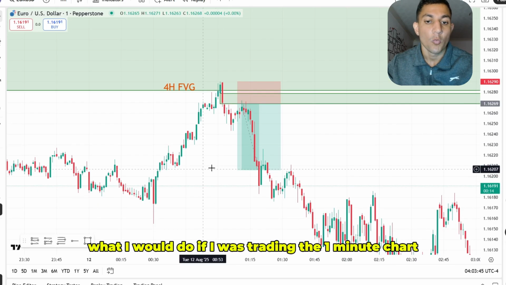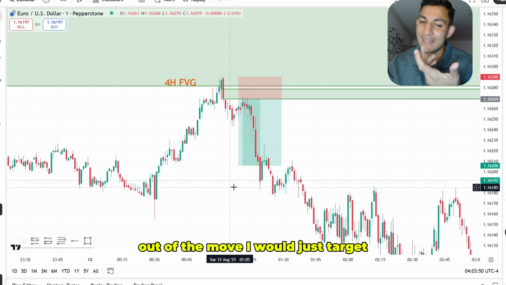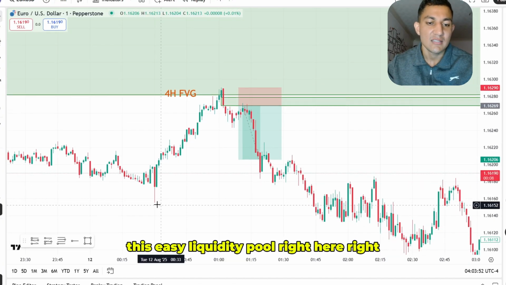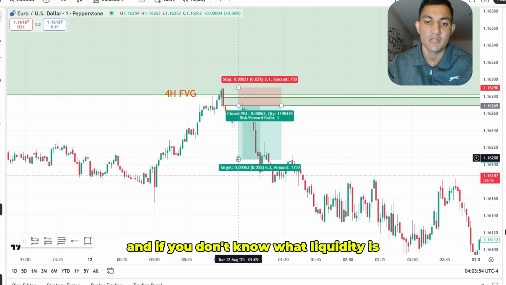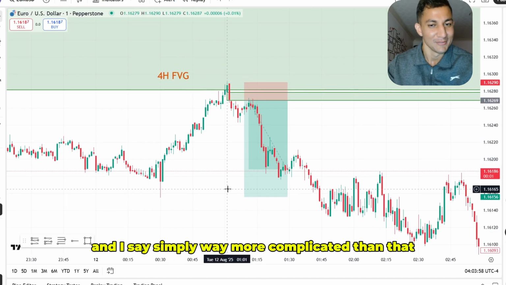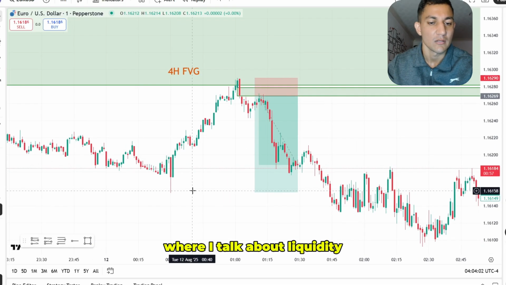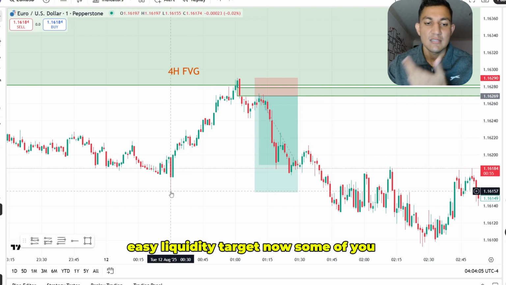So for me, if I was trading the 1 minute chart and I wanted to get as much money as possible out of the move, I would just target this easy liquidity pool right here. And if you don't know what liquidity is, it's simply highs and lows. I say simply, it's way more complicated than that, but that's all you need to know. There's plenty of videos where I talk about liquidity, but this low here is an easy liquidity target.